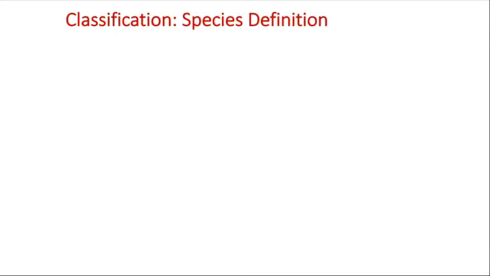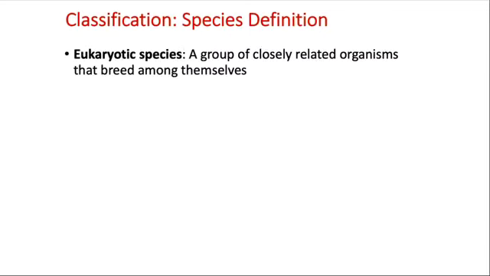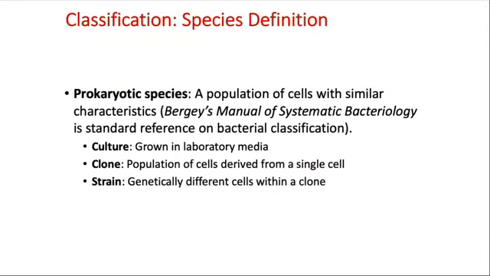So let's look at a few definitions here. Eukaryotic species are a group of closely related organisms that are able to breed among themselves. They're able to reproduce, and their offspring are fertile. For prokaryotic species, we are referring to a population of cells that have similar characteristics based on Bergey's Manual of Systematic Bacteriology, which relies on ribosomal RNA sequences.